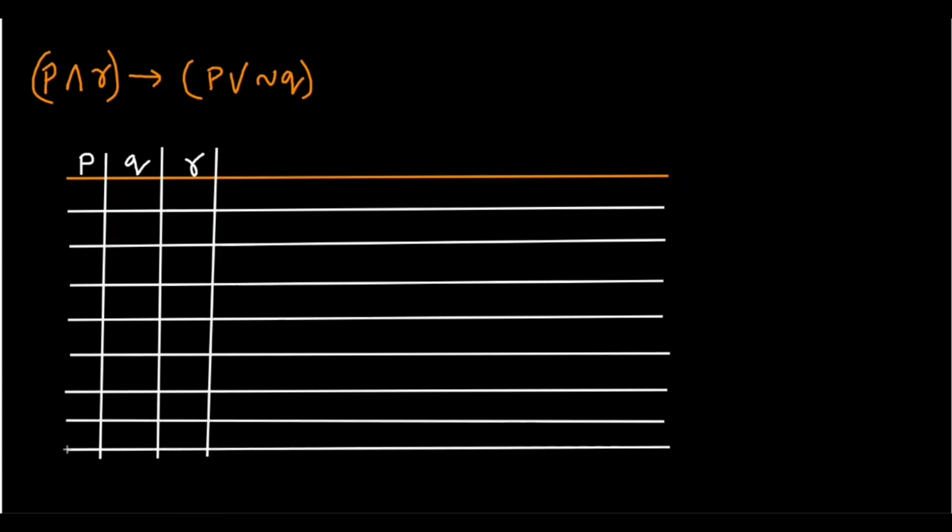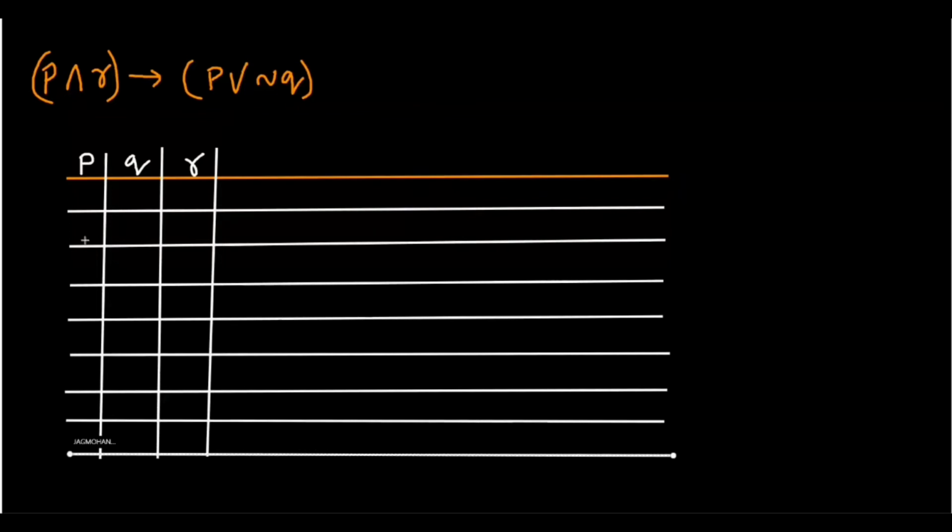This is going to be very simple, students. So I have 1, 2, 3, 4, 5, 6, 7, 8. Yeah, that's good. So I have 8 rows here. After that, this is my header. What more I can do is, now I shall write all the possible truth values.